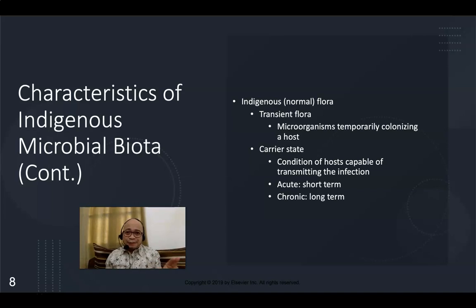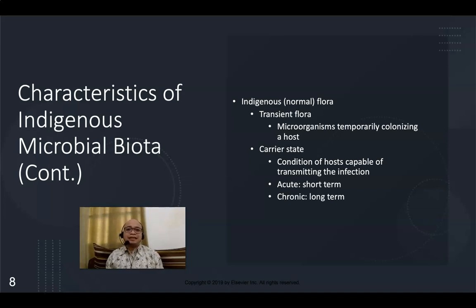There are two types of carrier state: acute carrier, which is a short-term carrier, or chronic carrier, which is a long-term carrier. An example of an acute carrier is an asymptomatic COVID-19 carrier.